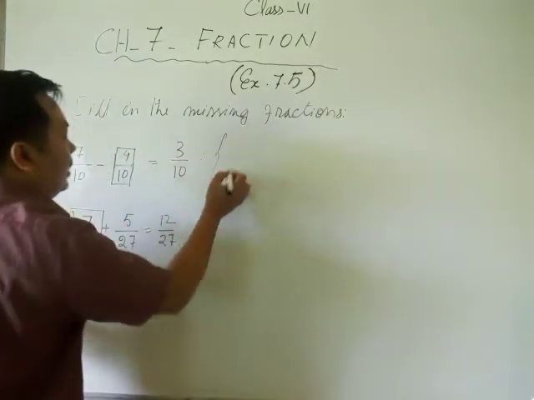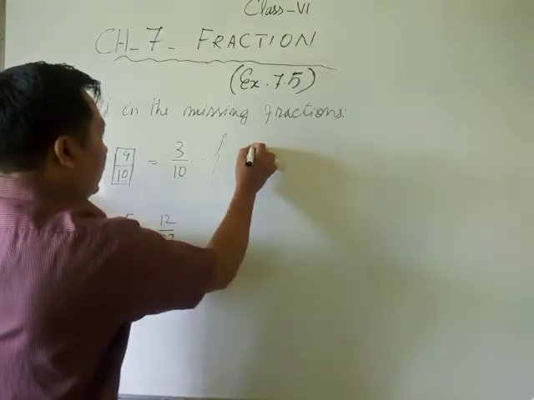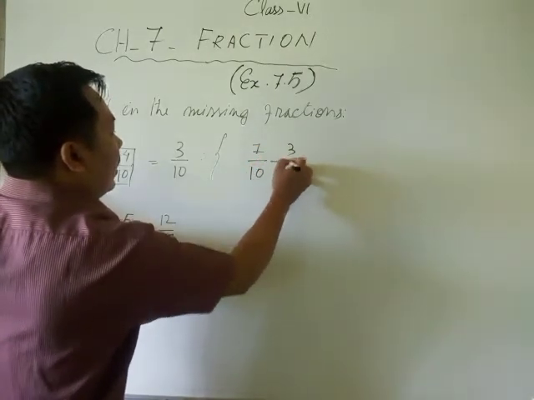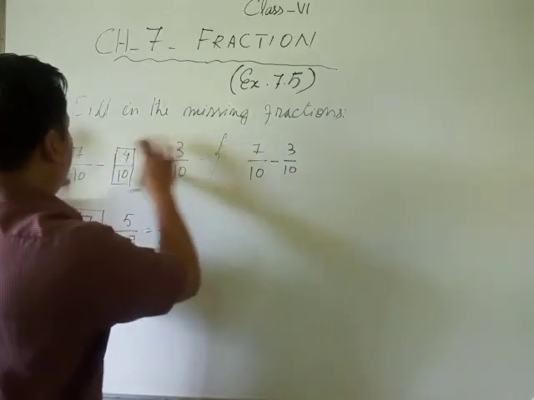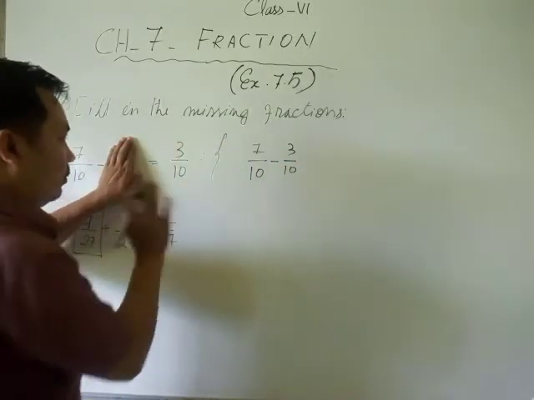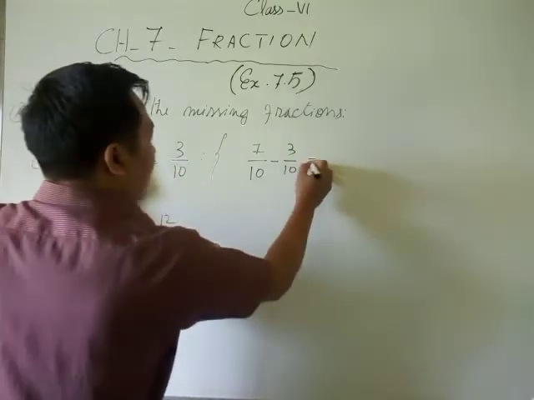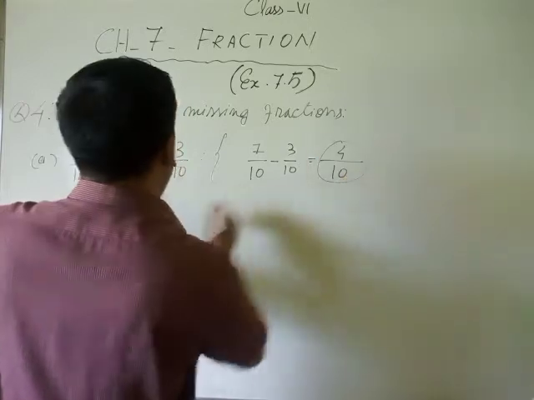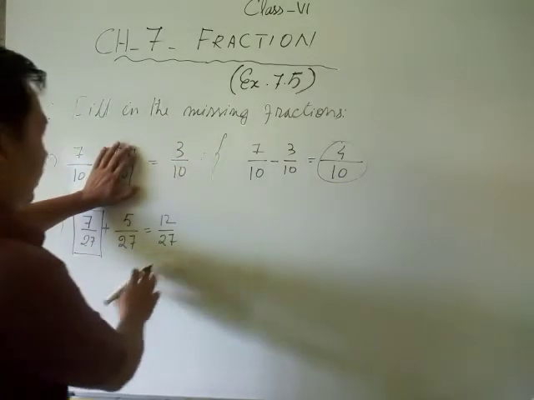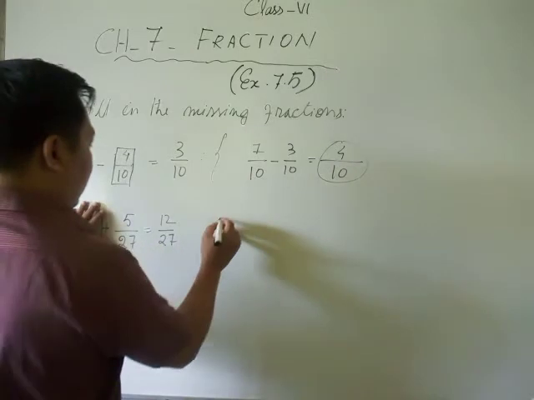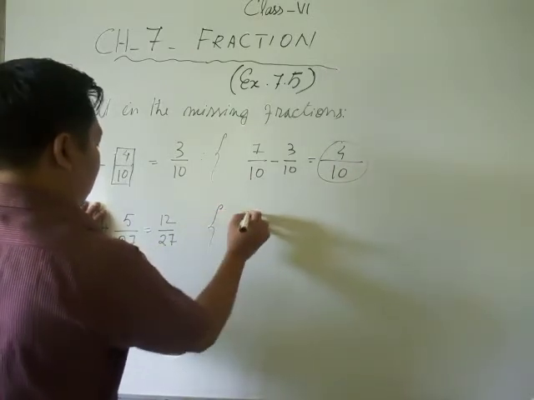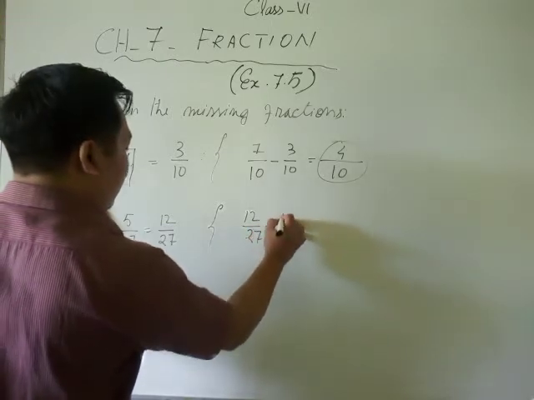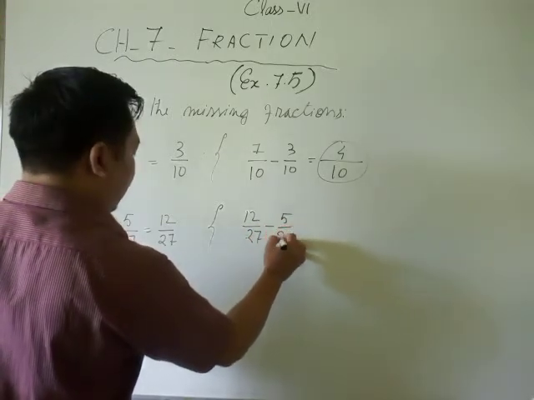But I'll show you how you get this. If you subtract 3 by 10 from 7 by 10, just to get the number here, you get 10 in the denominator and 4 in the numerator. This 4 is the number here. Now here also, to get this number, take 12 by 27 and minus 5 by 27.